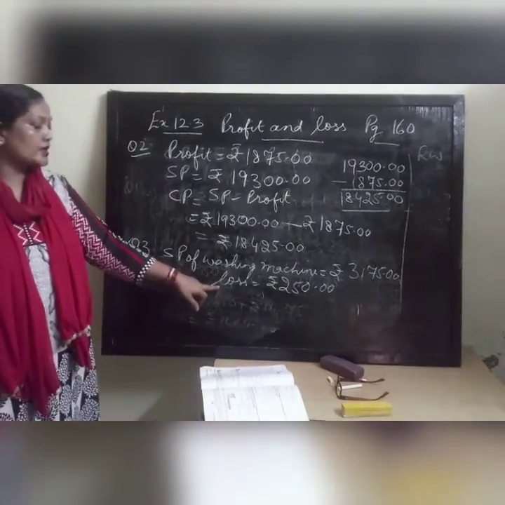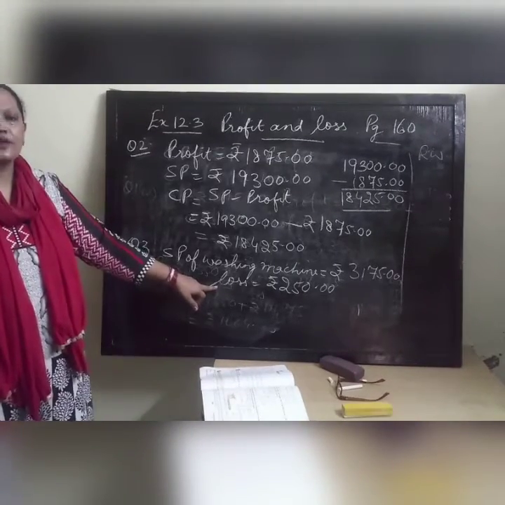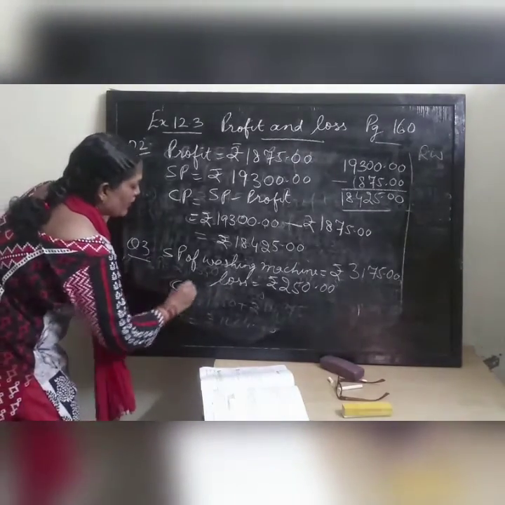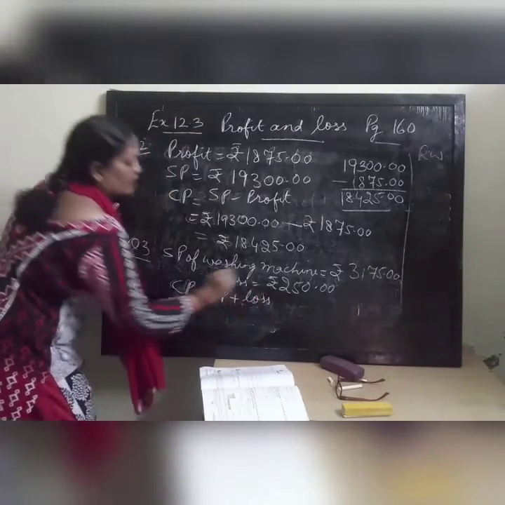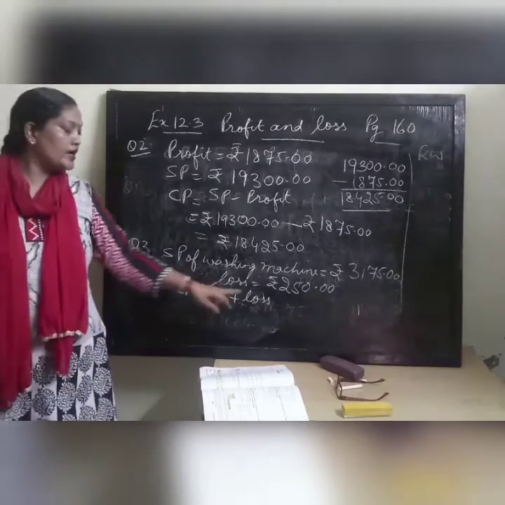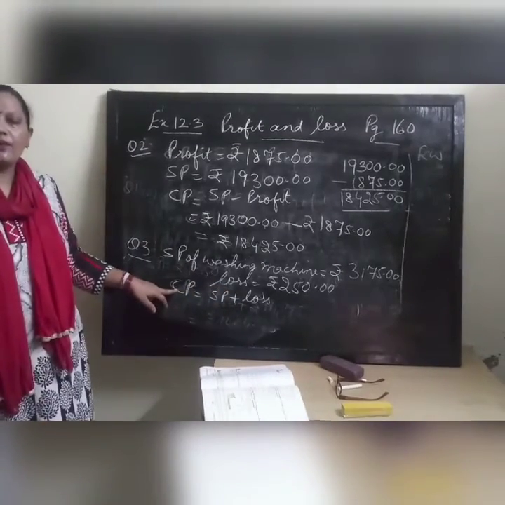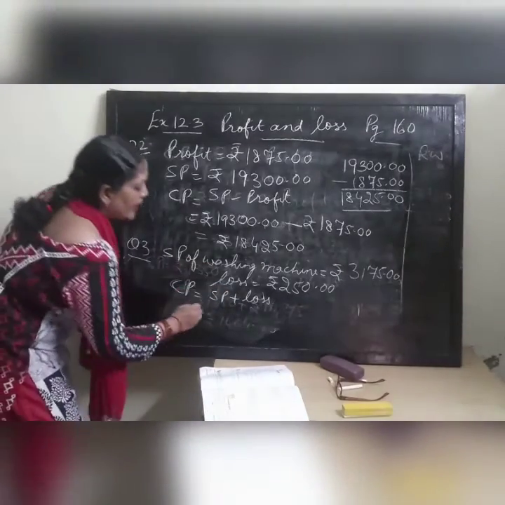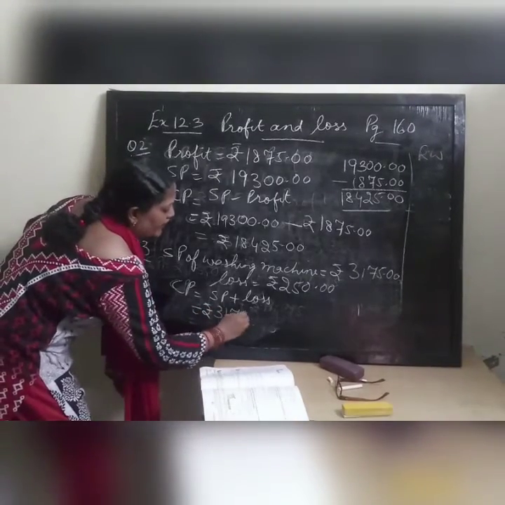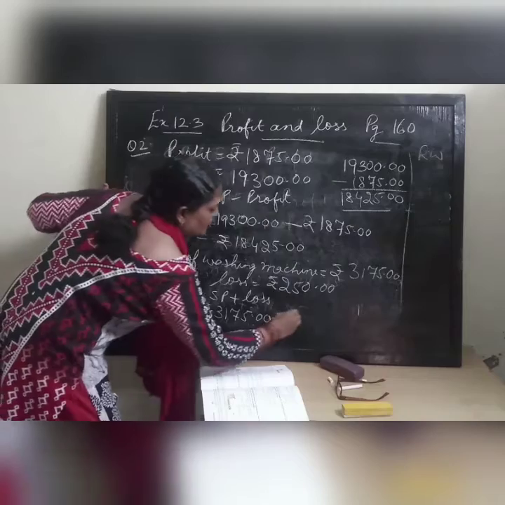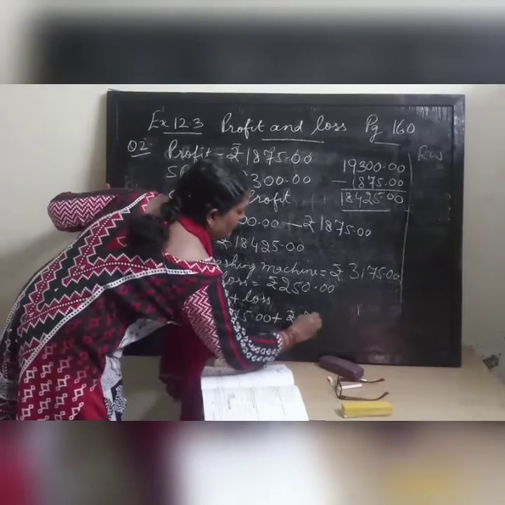Now there is loss. Loss means cost price will be more. Cost price will be SP plus loss. When we suffer a loss, we have bought it for more amount. So we can add it. Rupees 3,175 plus rupees 250.